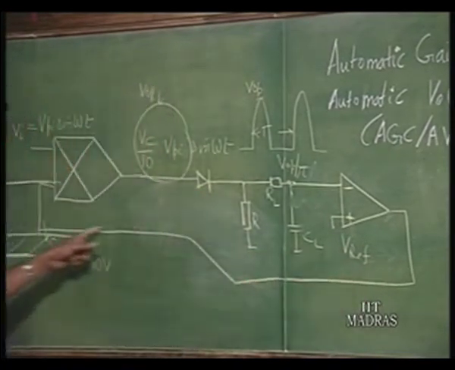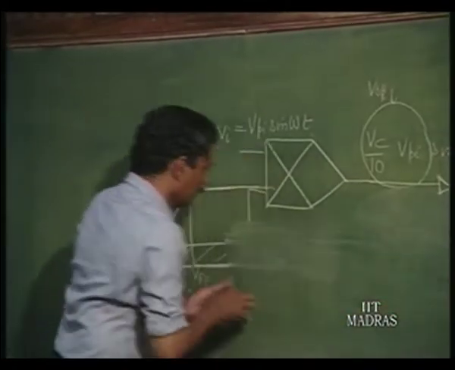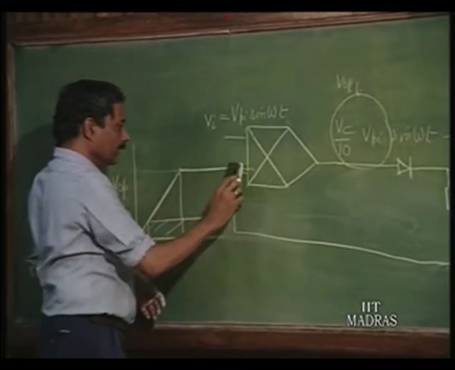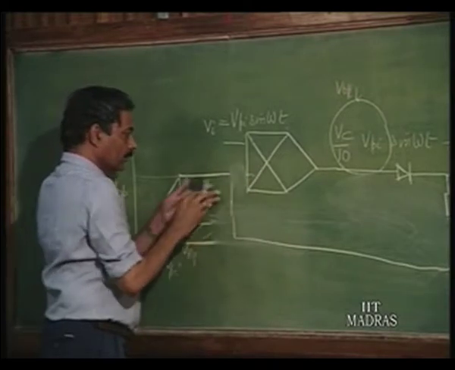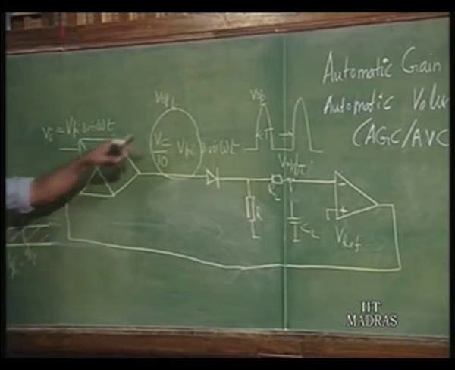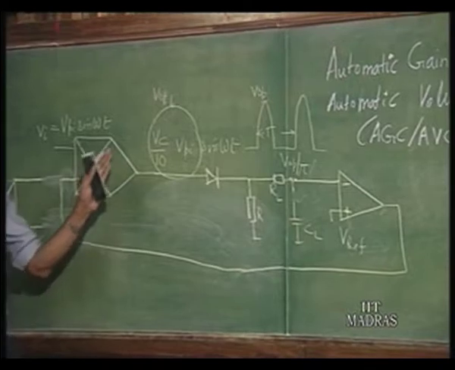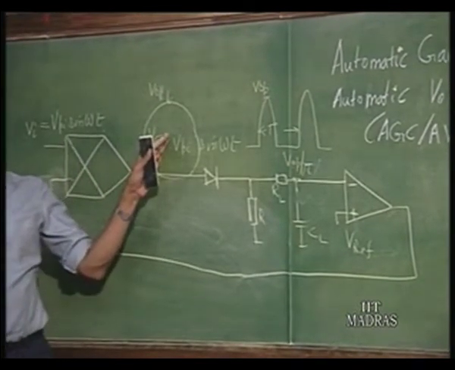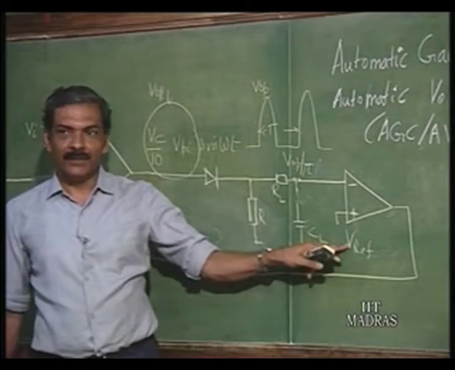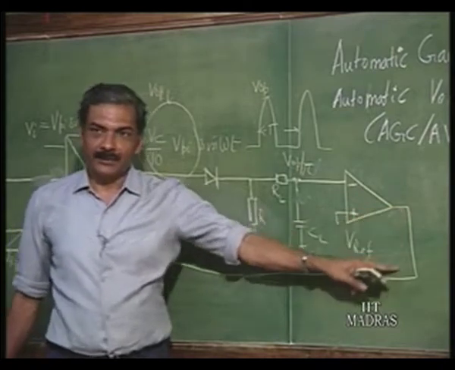It will start decreasing and it will control the control voltage here, such that the gain reduces. So, let us say V naught increases above what we want. What we want is this average should be same as V reference. If it is more, then this will go towards negative saturation.